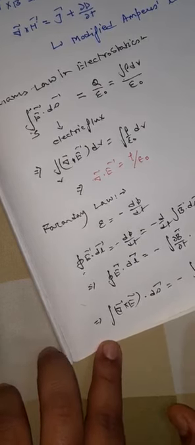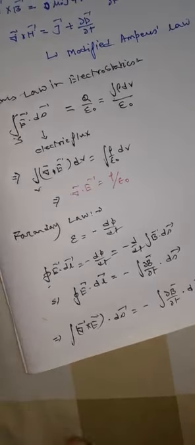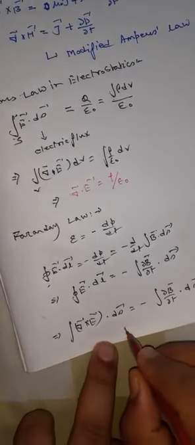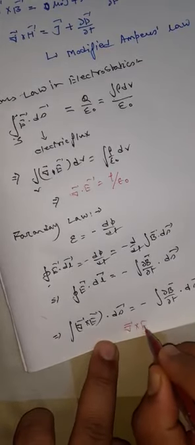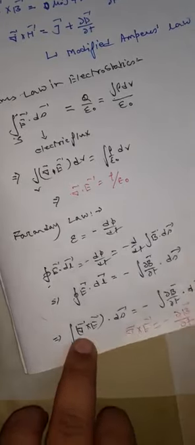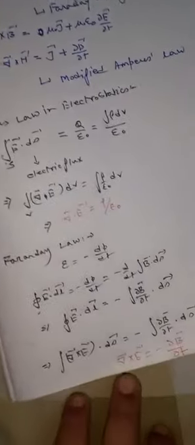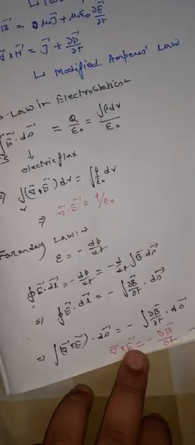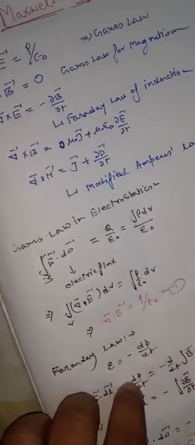So I can compare it and write curl of E equal to minus ∂B/∂t. So this is the third equation, that is actually what we have done. Now we can write this as my equation 2. I can write this as my equation 1.